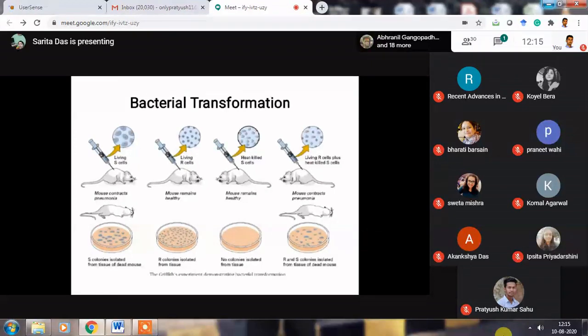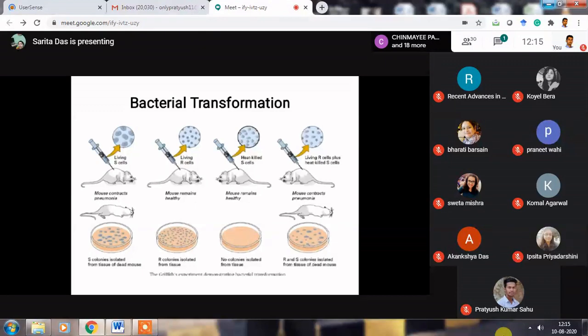One was a capsulated strain which made smooth colonies, which is a virulent strain. So one strain was virulent S, the smooth colony forming capsulated one, and the other strain was rough, non-capsulated, avirulent.